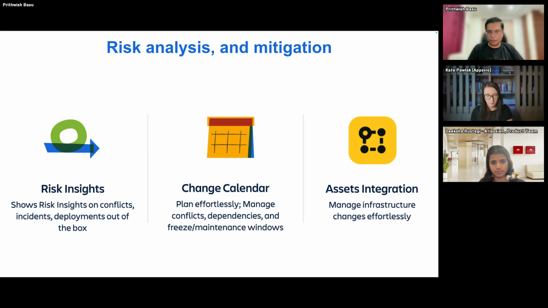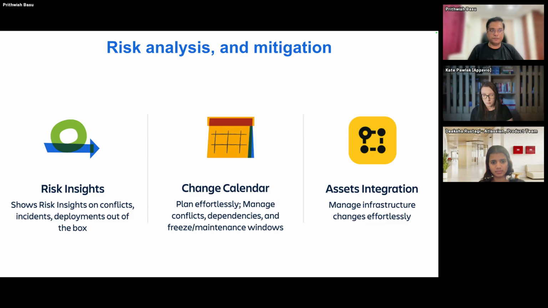So we'll talk about now the risk insights, which is a section that is only available in the change management. We will show you how it looks, what are the parameters that you get to see here, and how you can configure that. Then from that, we'll move to change calendar.